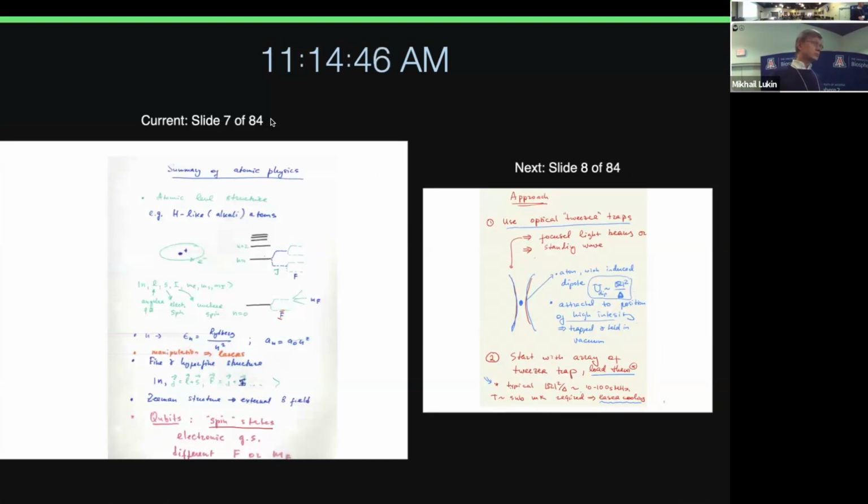Just before we go into the details, I want to step back and give you a summary in one slide of the atomic physics you need to know. In these lectures we focus on hydrogen-like alkali atoms, which have a single electron orbiting around the nucleus.